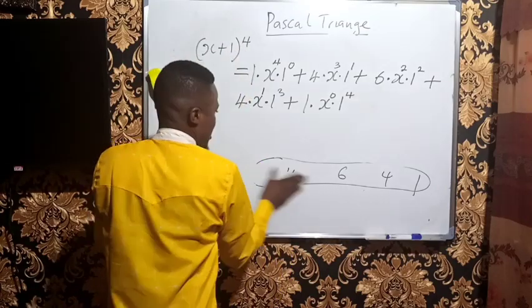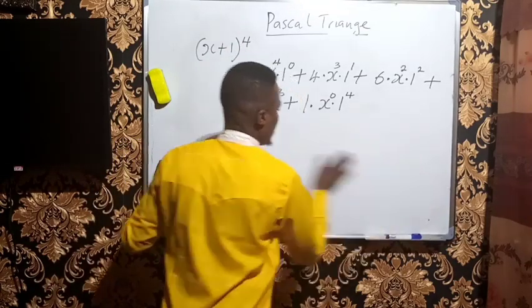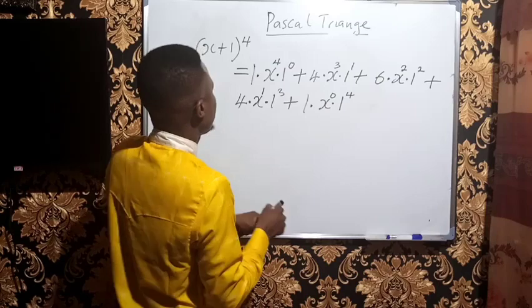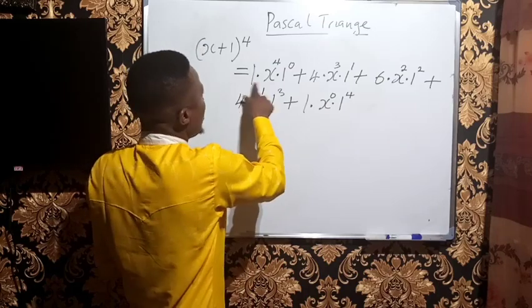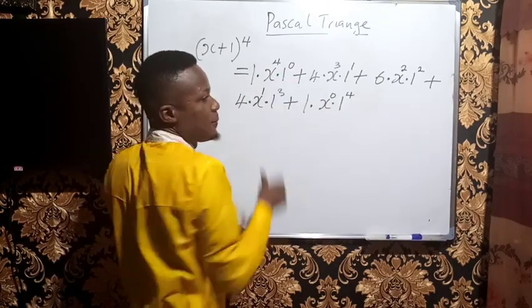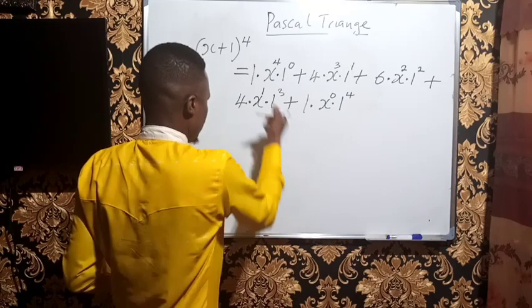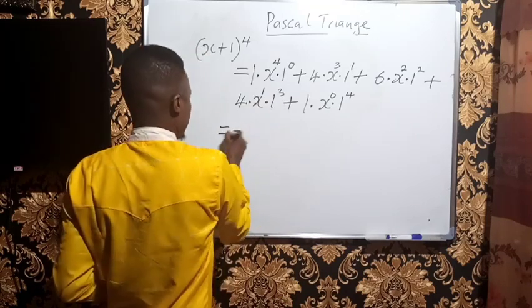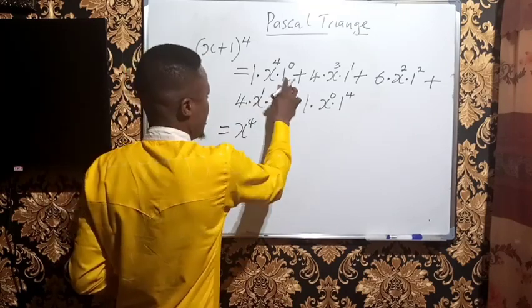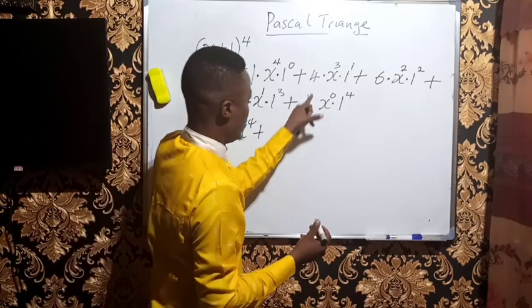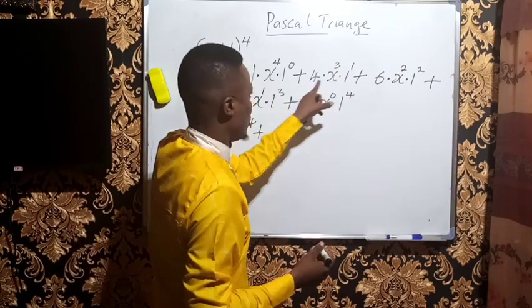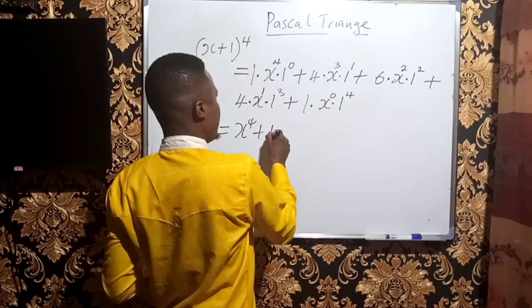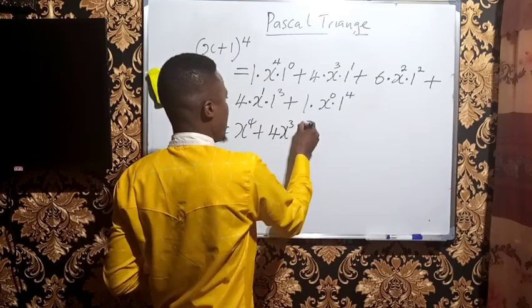Now, I'm free to clean this because it has done its own part. So let us simplify. 1 times 1, because anything to the power of 0 is 1. So 1 times x to the power of 4 will give us x to the power of 4 here. Plus, 1 to the power of 1 is 1. 1 times 4 is 4. So we have 4x to the power of 3.